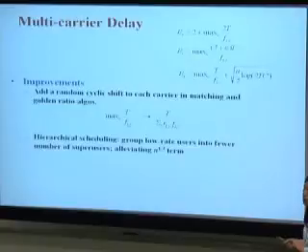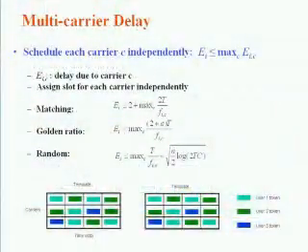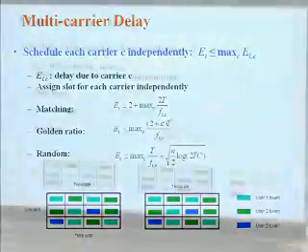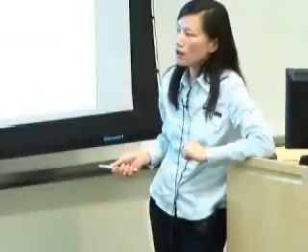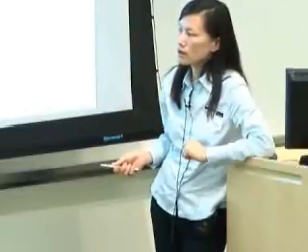Can you elaborate on exactly what you mean by random cyclic shift? Okay, so the original algorithm is you do this independently for each carrier. Now let me give you an extreme case.